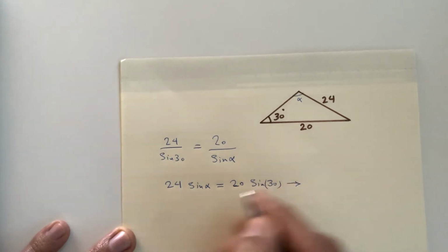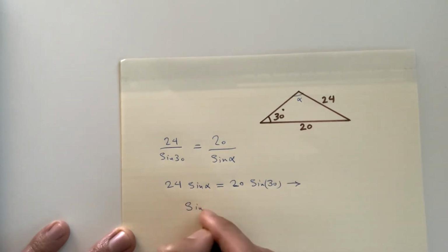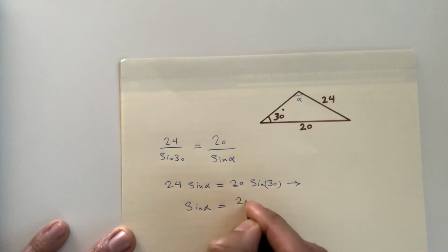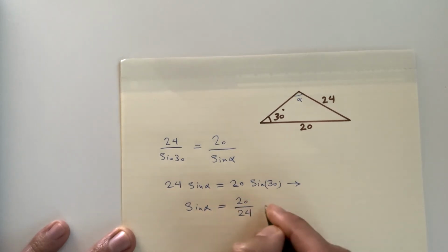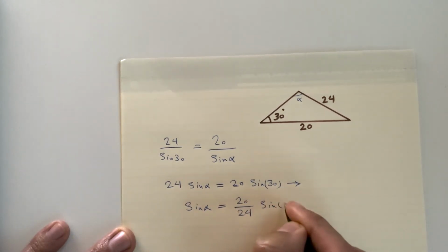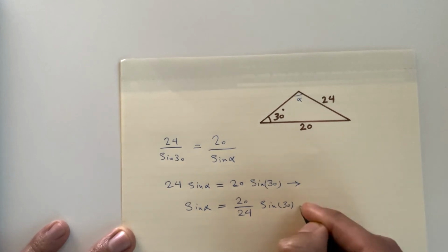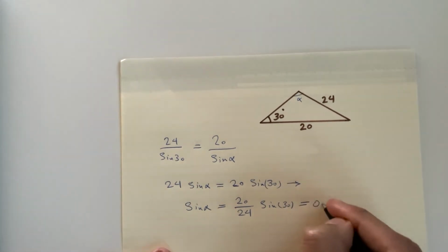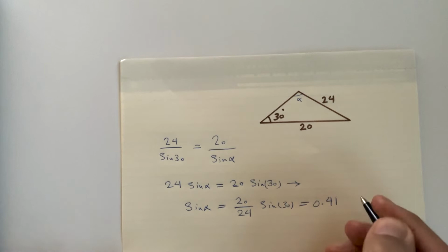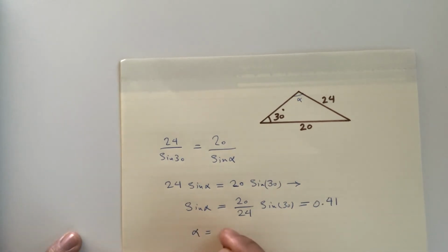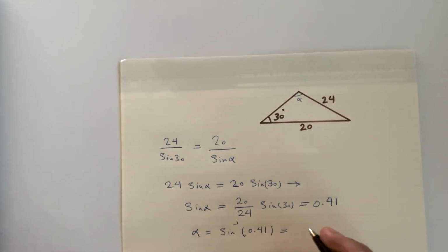which means sine alpha is equal to 20 over 24 sine 30, which is equal to 0.41, and then alpha is sine inverse of 0.41, which will be 24.6.